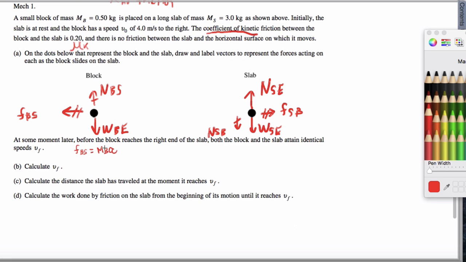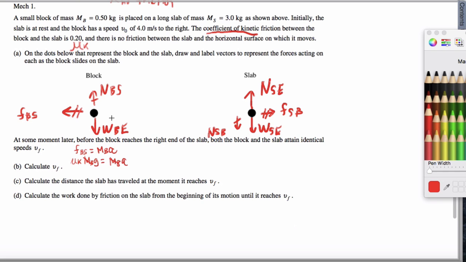Now let's be clear, friction is mu kinetic times normal. I'm going to do a little substitution here. Since the normal force balances the weight, we're going to say that mu kinetic times mass of the block times g equals mass of the block times its acceleration. So this cancels, and that's the acceleration we have on the block.